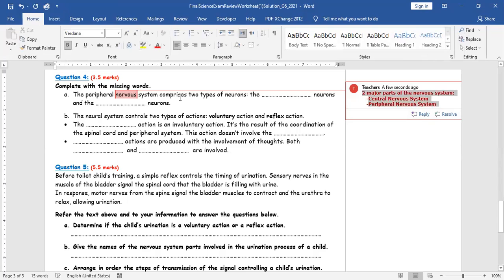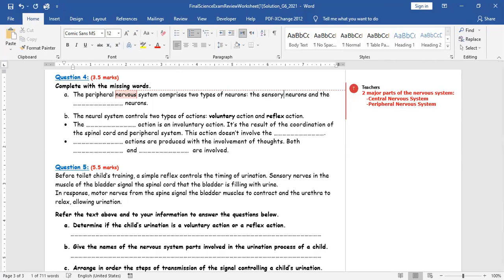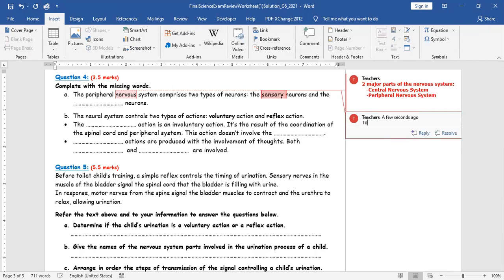So the peripheral nervous system has two types of neurons. We need neurons for bringing the messages to the central nervous system, and we call them sensory neurons. They bring messages from the sensory organs.